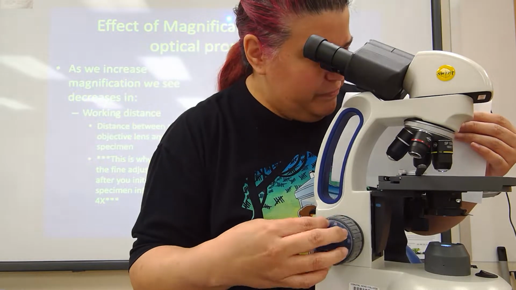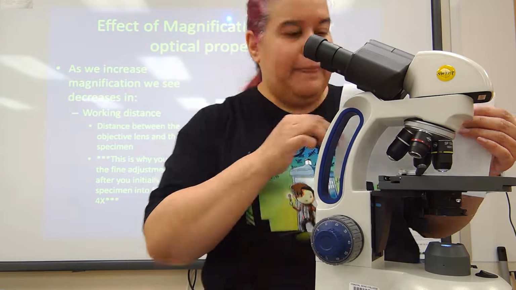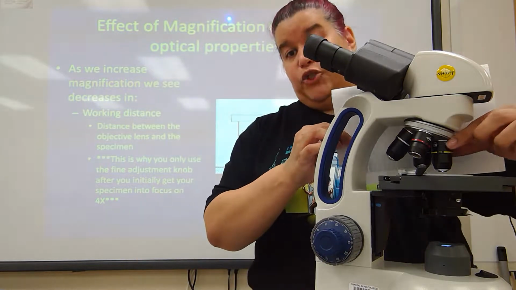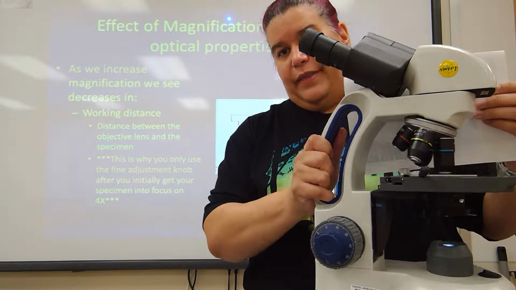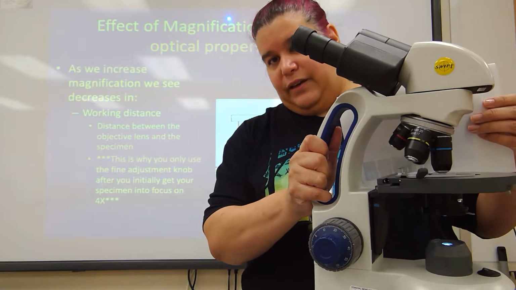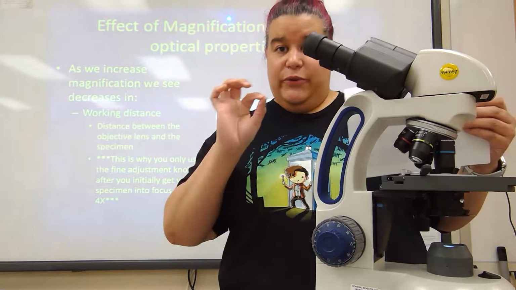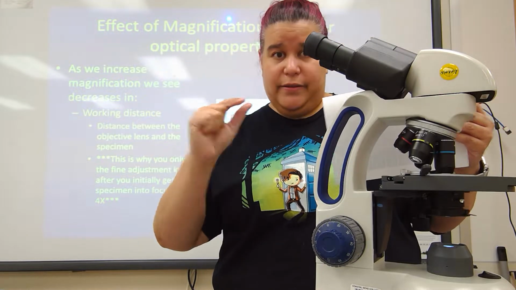So I'm going to just put this back in focus real quick. And then I'm going to switch to 40x. That looks like it's practically touching the top of the slide, right? As you increase magnification, you're getting closer and closer. That working distance shrinks, okay?